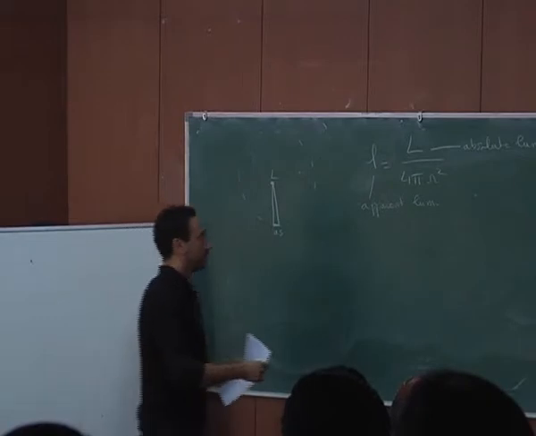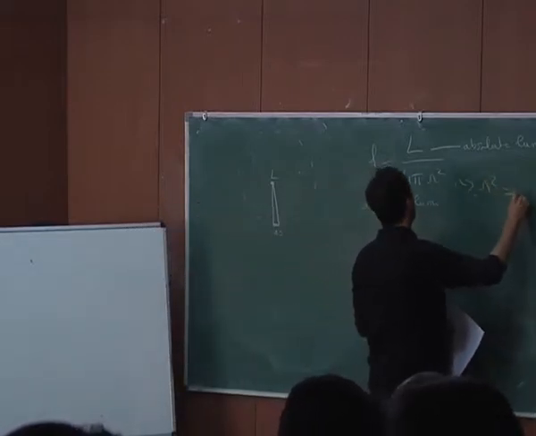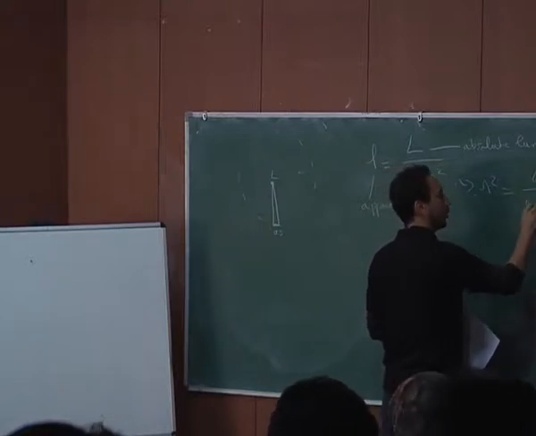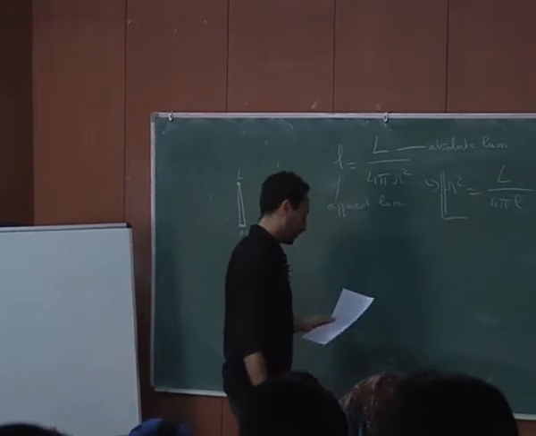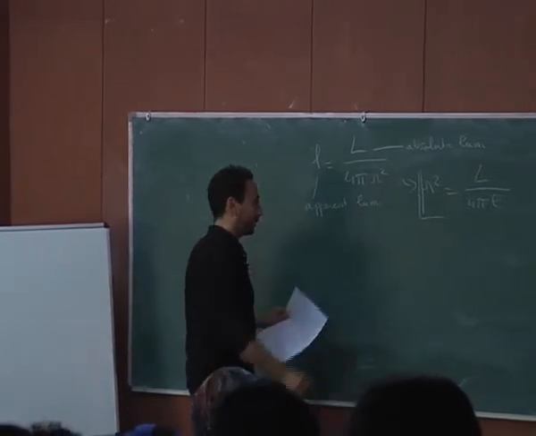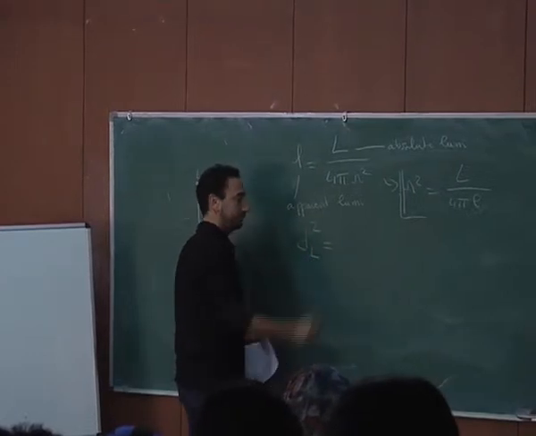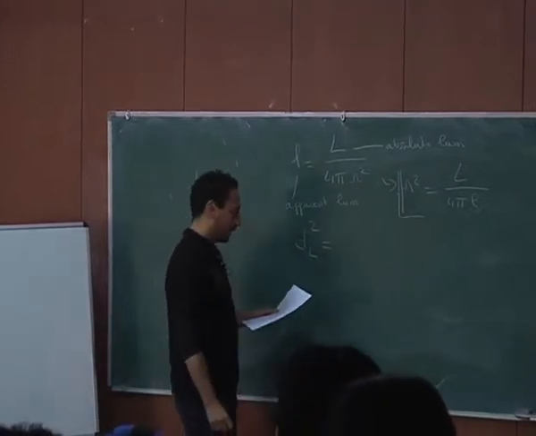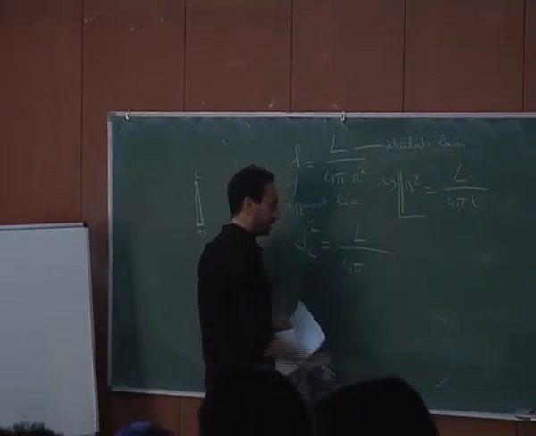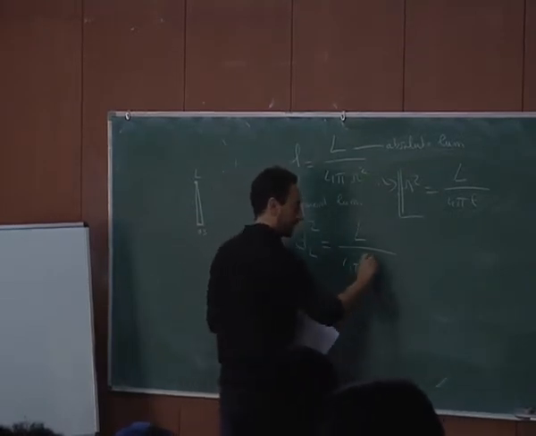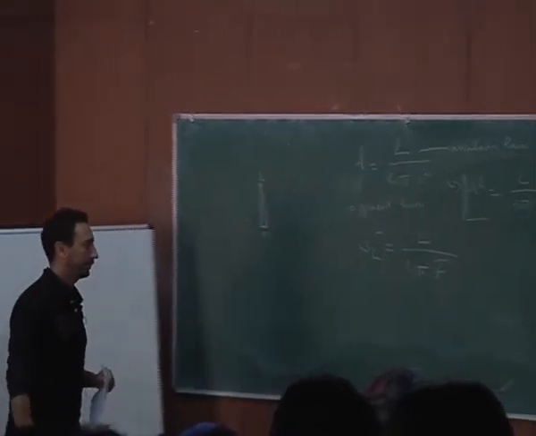From this relation I can say that r squared is equal to L divided by 4 pi l. Keeping the same structure, I will define something called the luminosity distance, which is going to be equal to the absolute luminosity divided by 4 pi times the flux that we receive.